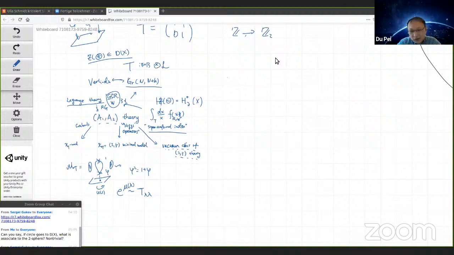So maybe I should clarify that during the lectures, when I talk about the Verlinde formula, it's in a slightly different context. There you have a family of MTC that depends on sigma. Well, more precisely, T itself depends on sigma.